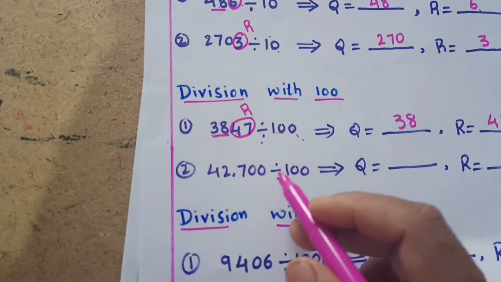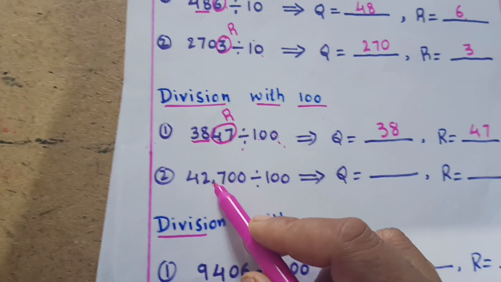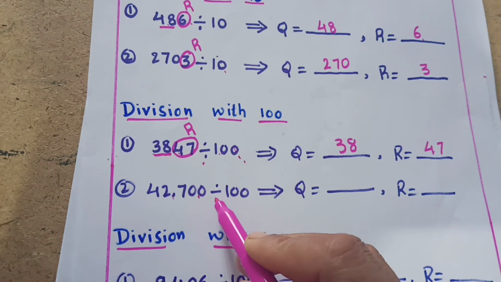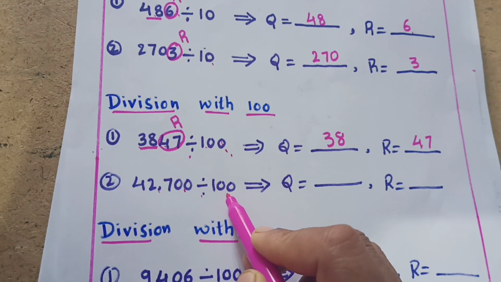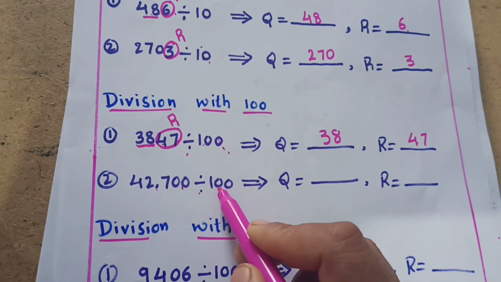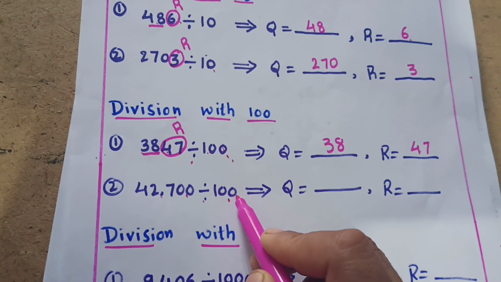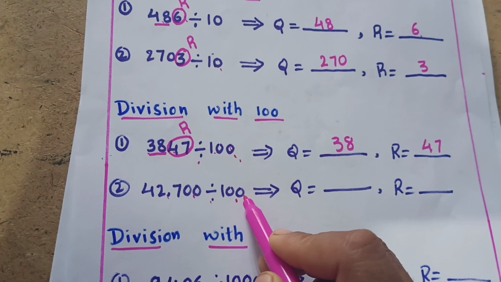Next example. 42,700 divided by 100. In this problem also it is the same. First we have to see how many zeros. 2 zeros are there. So 2 digits.